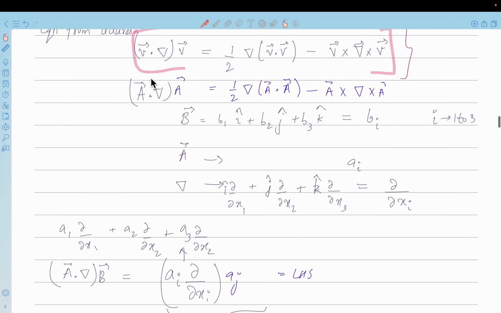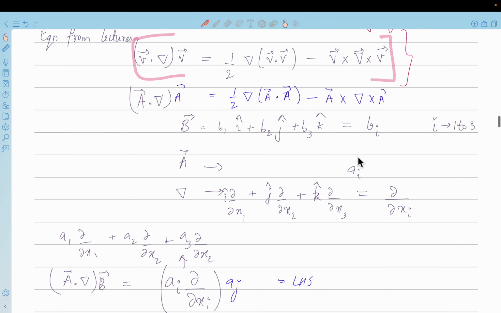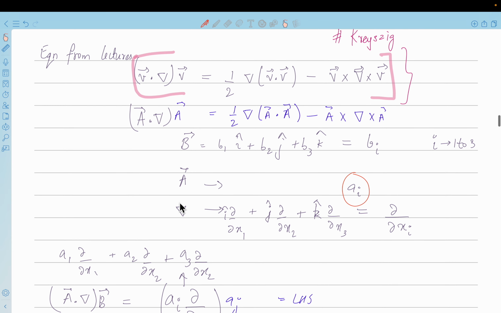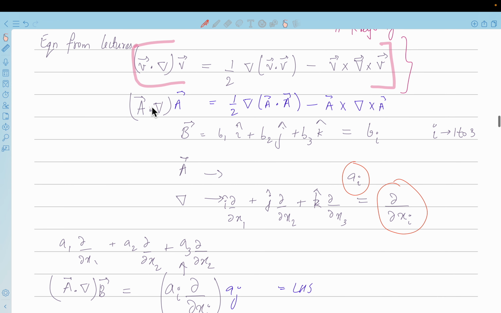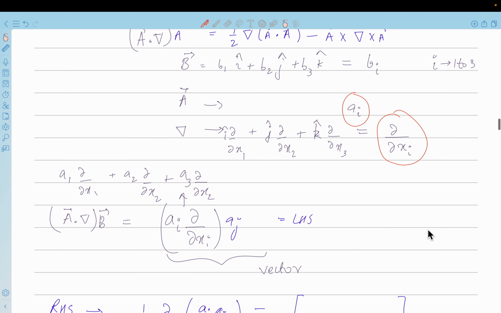So let me explain this step by step. First, I wrote this as a dot grad a, so the a vector is now written as ai. The grad operator is written as dou by dou xi. So a dot grad is nothing but ai dou by dou xi, which means by Einstein's notation there is a summation over here.